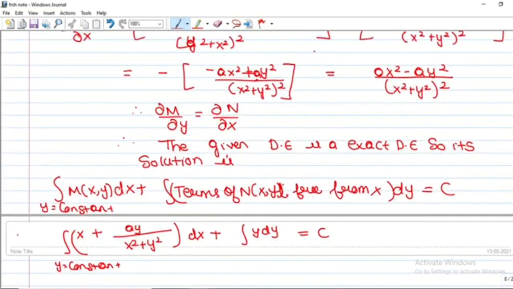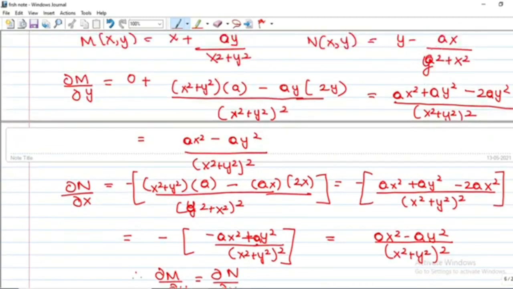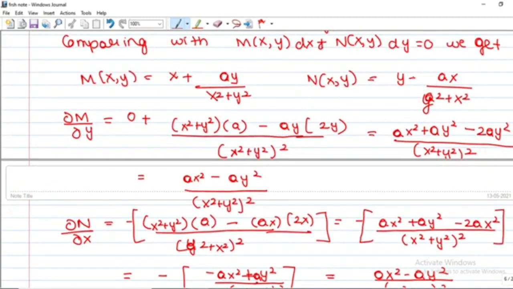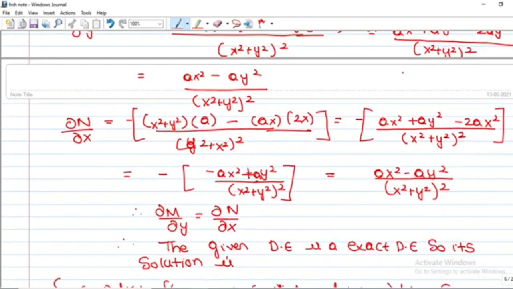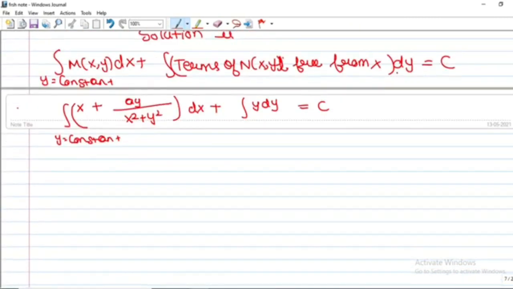You can directly make out from this equation that there is only one term which is independent of x, which is this y term. So we just substituted that.